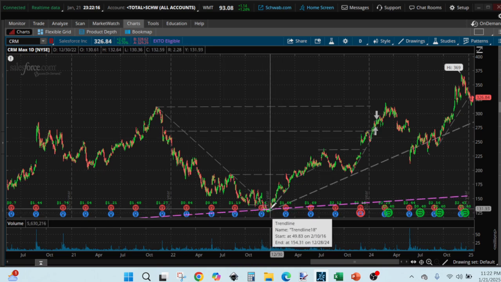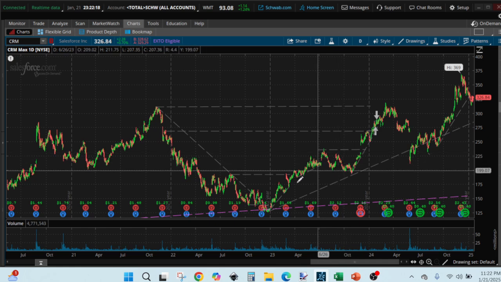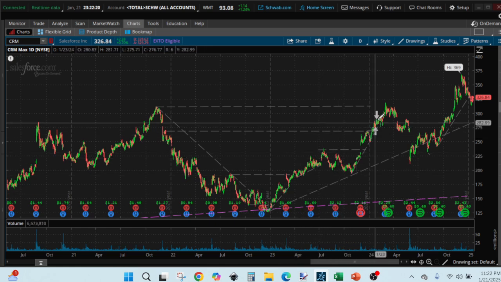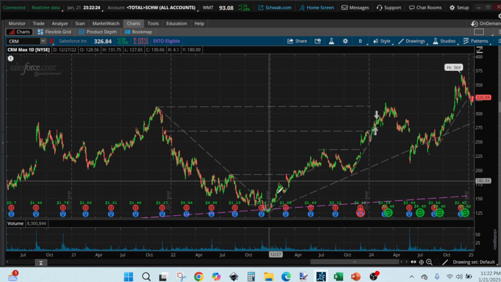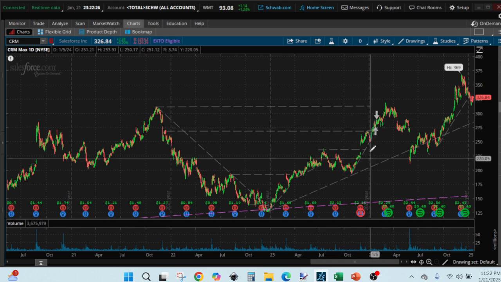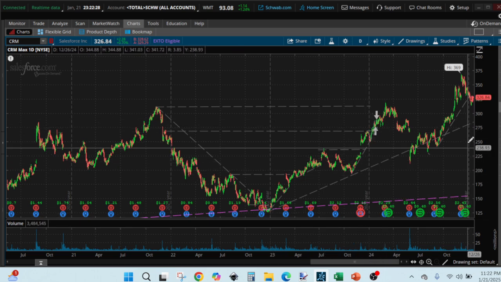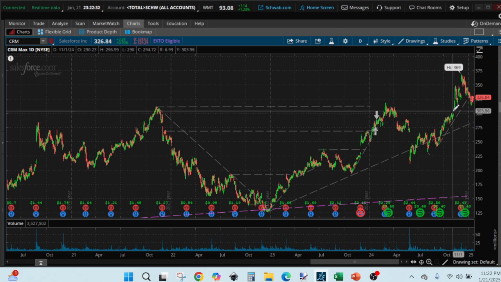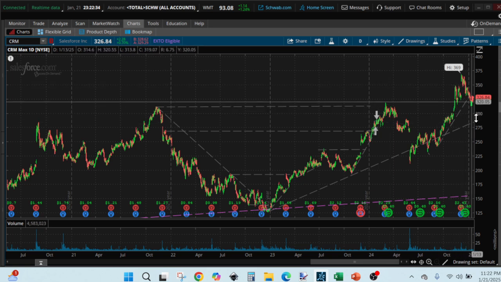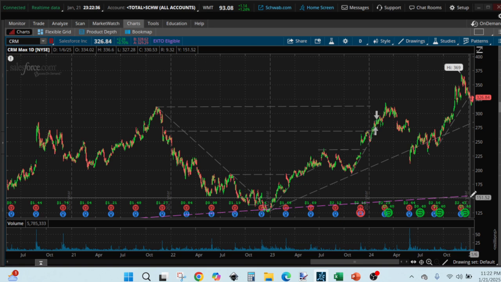Therefore, going up for 2 years, we have 2023, 2024, 2025, going up for 2 years, it could decide to go down for 1 year to reach the bottom.